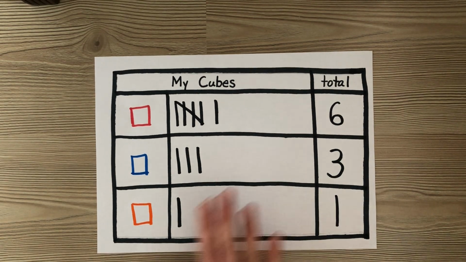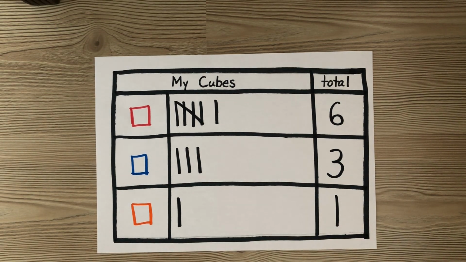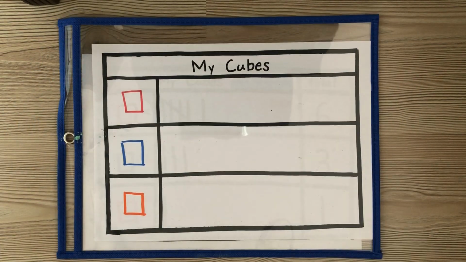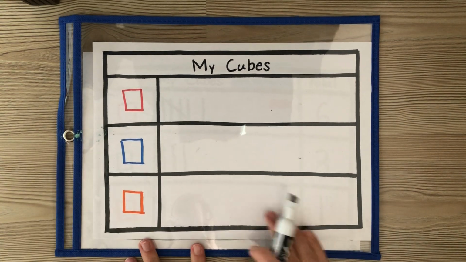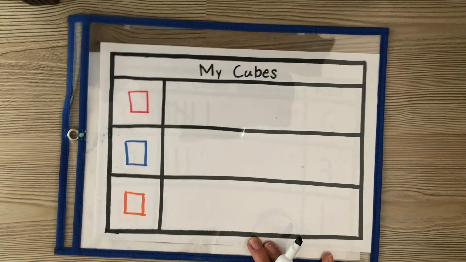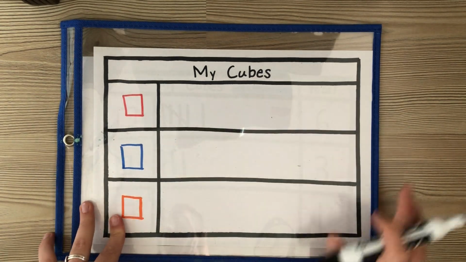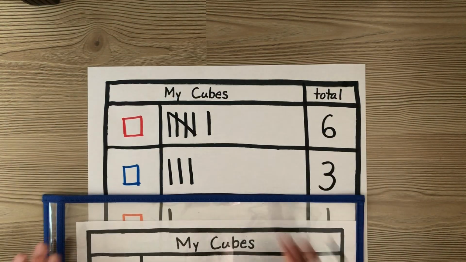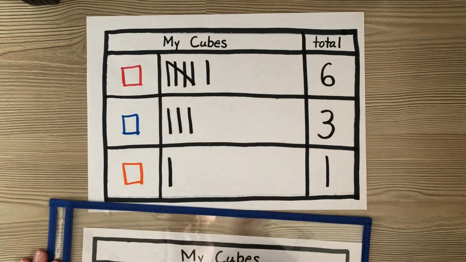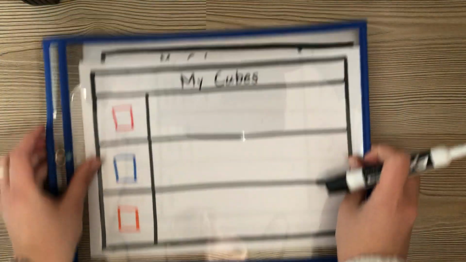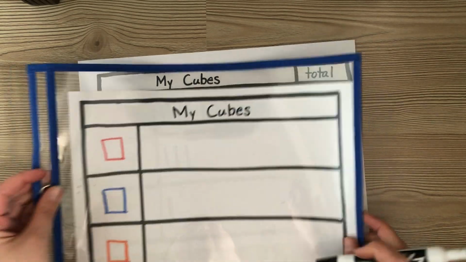Now we are going to take the data from our tally chart, and we are going to make it into a picture chart today. So, I know that when I use a picture graph, I am going to use pictures to represent the data. On a tally chart, you use tallies. On a picture graph, we use pictures.